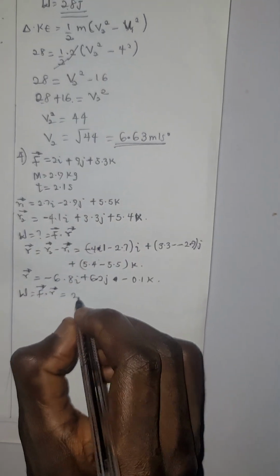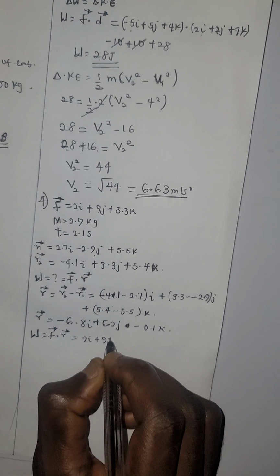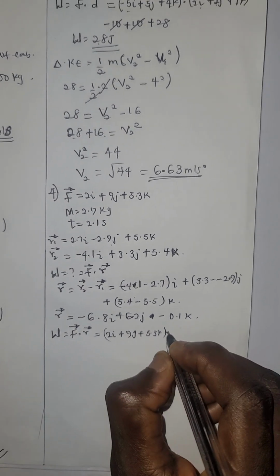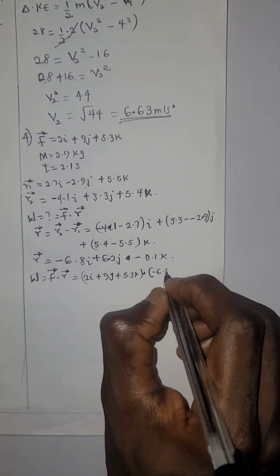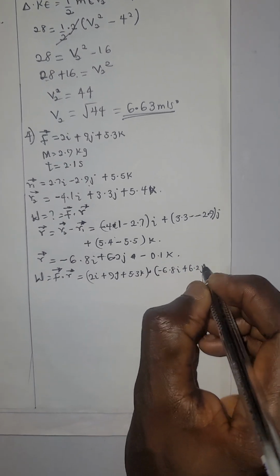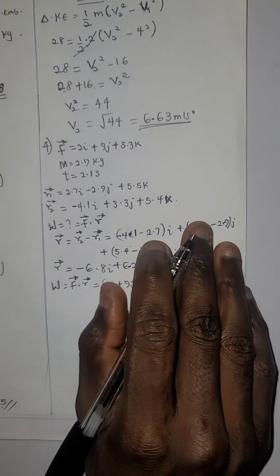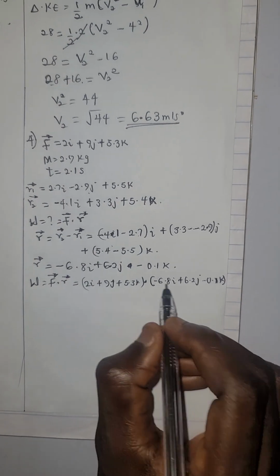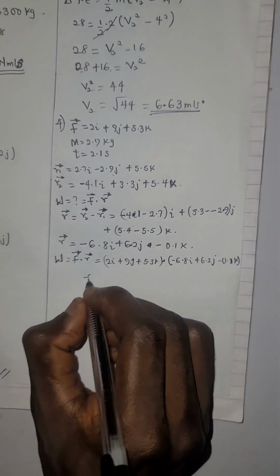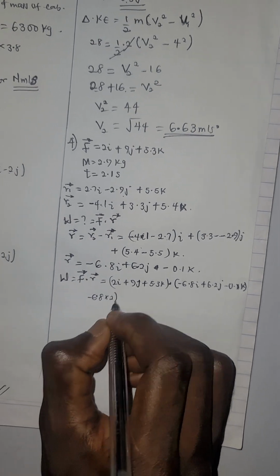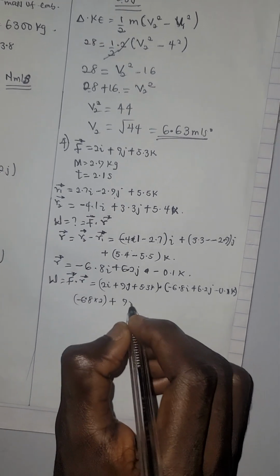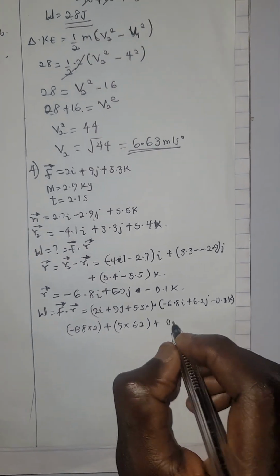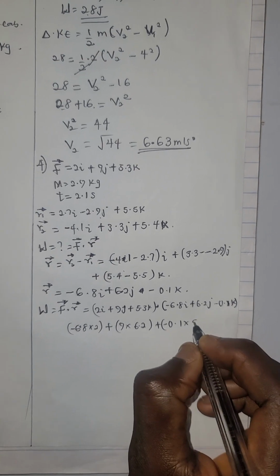What's our force? 2I plus 9J plus 5.3K dot with minus 6.8I plus 6.2J minus 0.1K. So this one will be 2 times minus 6.8, plus 9 times 6.2, and plus 5.3 times minus 0.1.